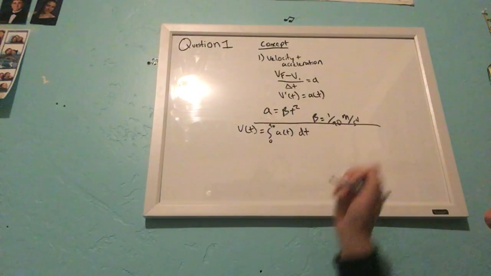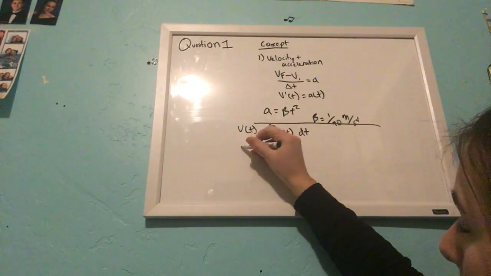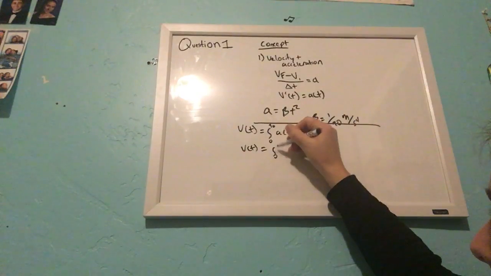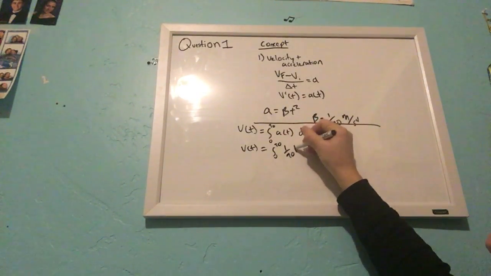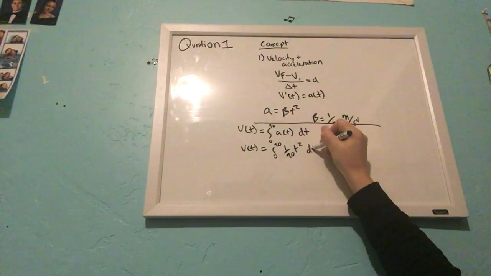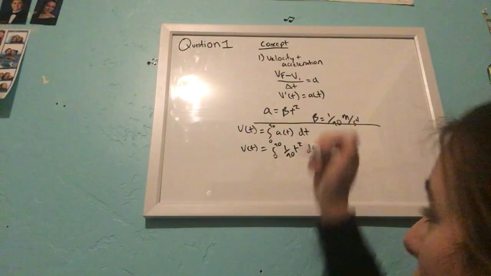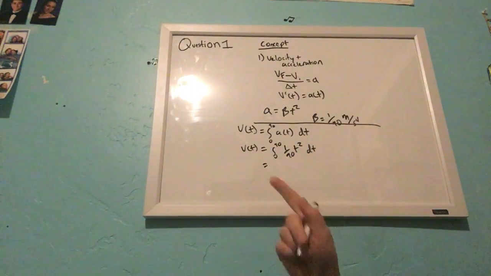Okay, and remember they gave us the acceleration, so I can say the velocity is the integral of 1 over 90 t squared. I just substituted that in. Okay, so for the next part, I'm going to integrate it.